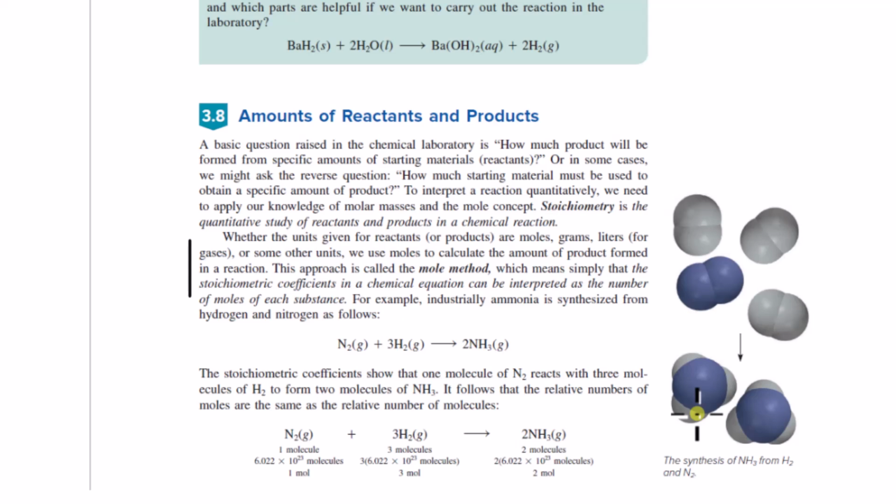But in reality, there are hundreds of thousands of trillions of molecules interacting. So it does make sense to not just say dozens, but to say moles. So when we describe this in moles, it is the exact same thing as describing 1 molecule or 3 molecules at a time. We just scaled it up.